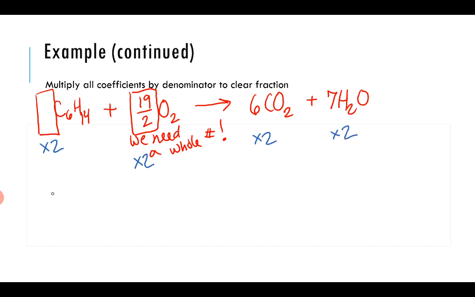And so that means I'm going to have an equation that is 2C6H14. And then 2 times 19 halves is 19. And then that is 12.